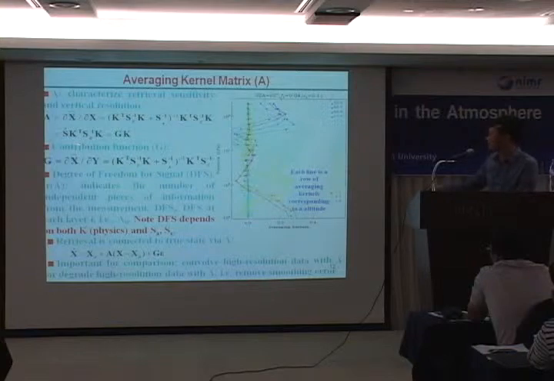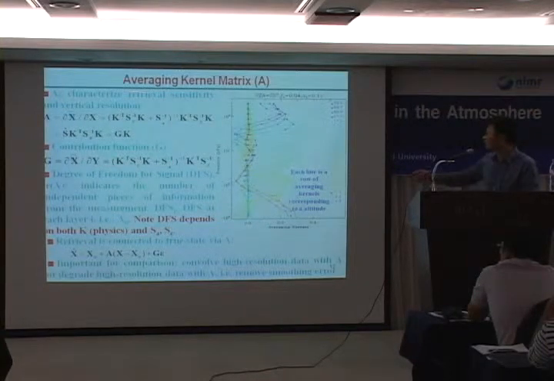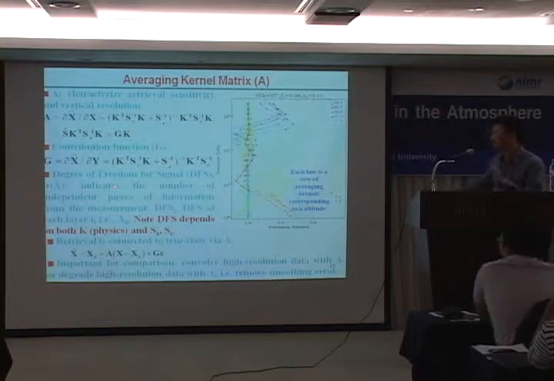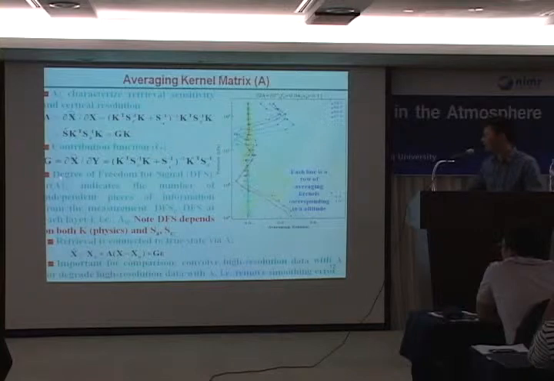Another very useful quantity is called the contribution function, which is defined as the sensitivity of the retrieved state to the actual measurements. This is a very useful quantity, often used for error analysis. From the averaging kernel matrix, we can derive some simpler quantities, for example, the degrees of freedom for signal, or total DFS.